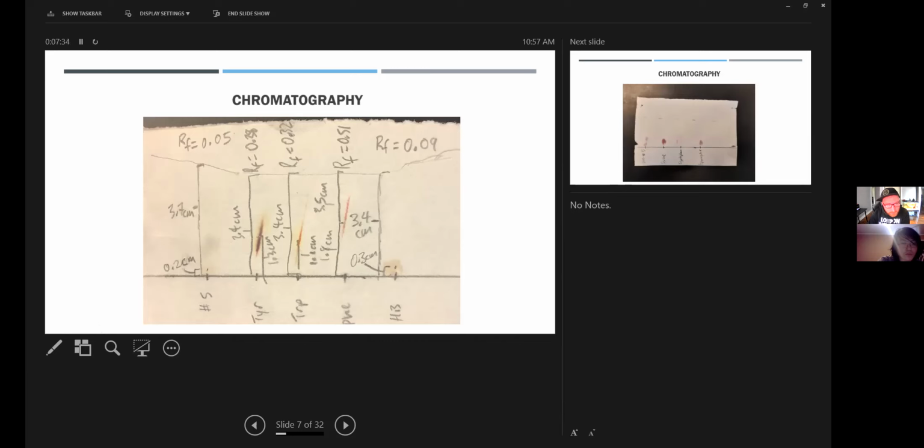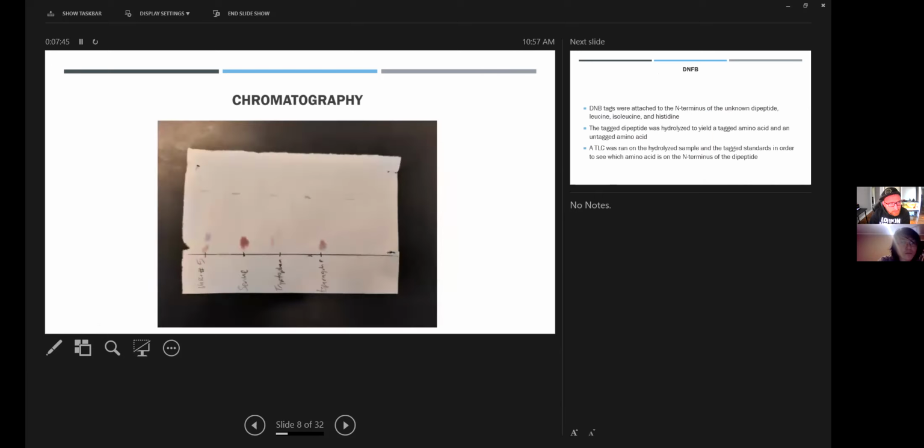We had another unknown amino acid. We had some ideas, a couple ideas of what it could be. This chromatography was just the first one that we did. So I believe this is the chromatography paper from day 1 of lab.